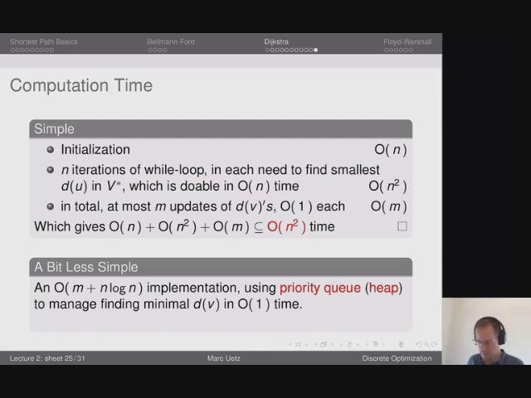If instead we use a priority queue, a data structure which always allows us to find the minimum label element in constant time, we can get an improvement in the total computation time and get it down to order m plus n log n. This log n here actually comes from the organization of the priority queue, because whenever we have to remove an element, we have to reshuffle this priority queue, and that gives us this log n overhead in the computation time here.